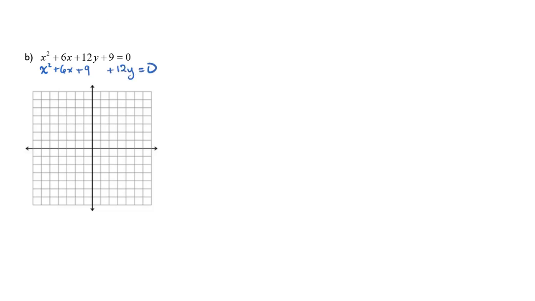Notice that I've grouped all my x terms with the 9, and I've left this 12y off to the side. That is purposeful because I can factor the x squared plus 6x plus 9 to x plus 3 quantity squared plus 12y equals 0.